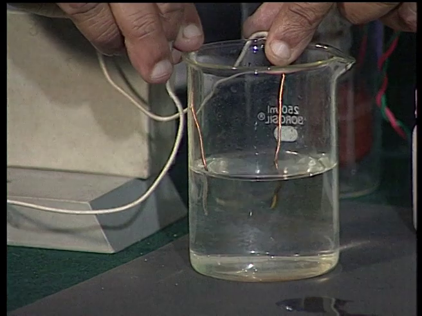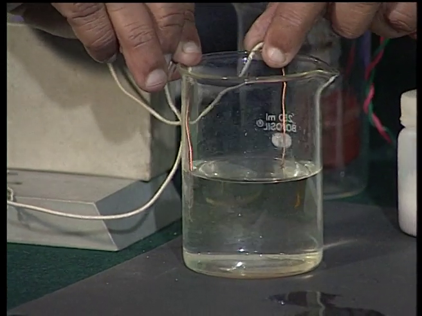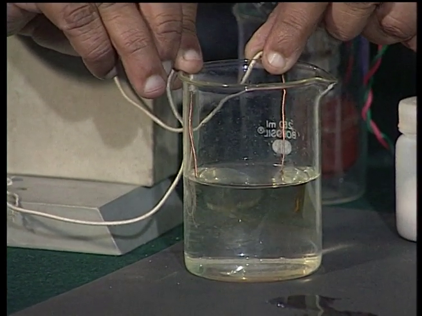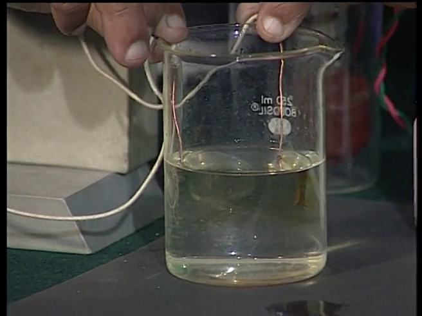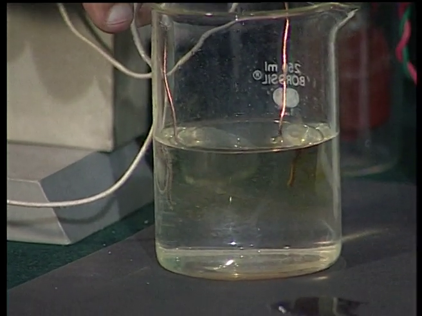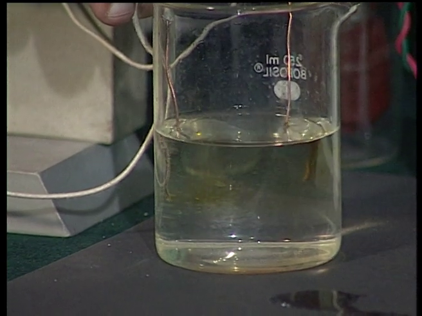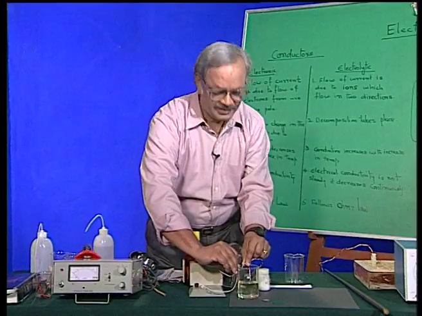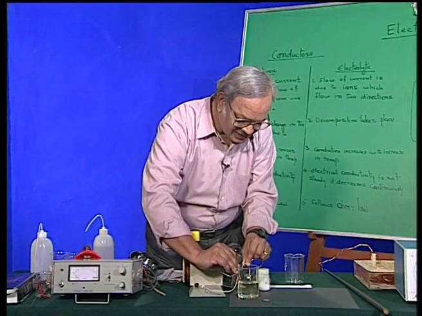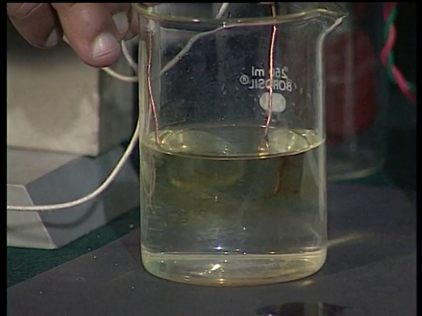What is happening at the two different electrodes? You see that at one of the electrodes a yellowish color is being developed, and at the other electrode you see bubbles of gas coming over.